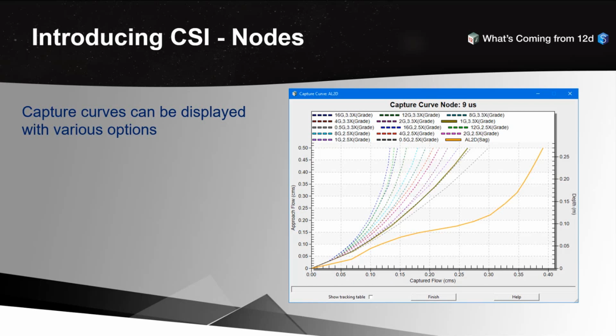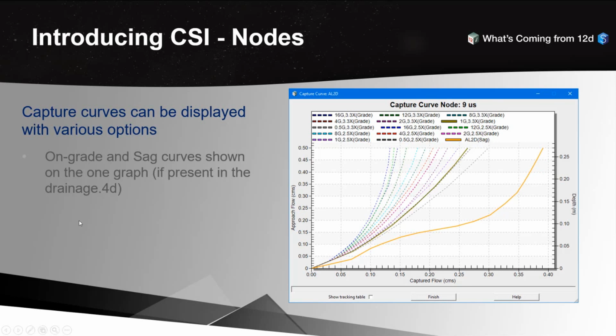The capture curves have a few options in terms of how you can display the data. If you have both on-grade and sag curves defined for the node type in question, they will all show on the one graph, as you can see here. So this is a sag curve over here, as you can tell at the top.